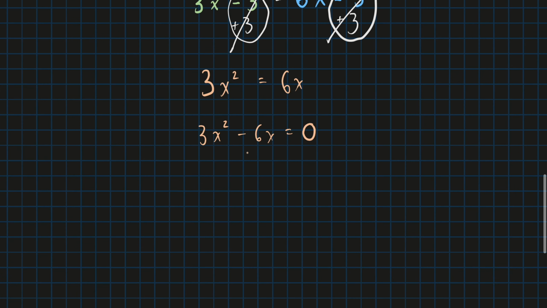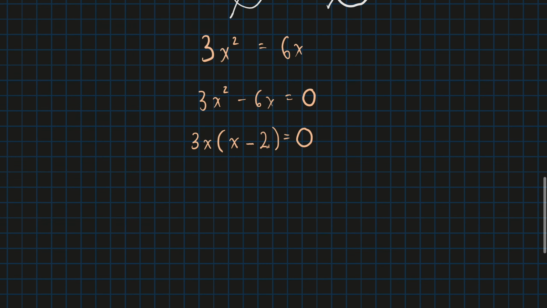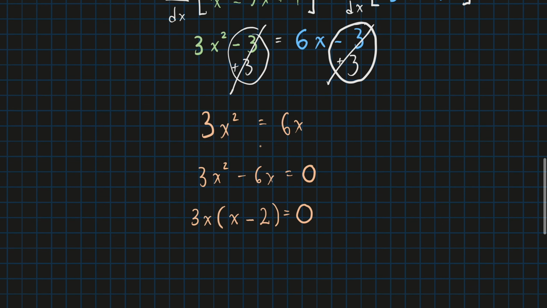Let's factor this polynomial. So I can see that we can take a 3x out of each term. If we take a 3x out of our first term, we just get x. Take a 3x out of here, and you just get 2. And that is equal to 0. So what does this tell us? What do we start with?